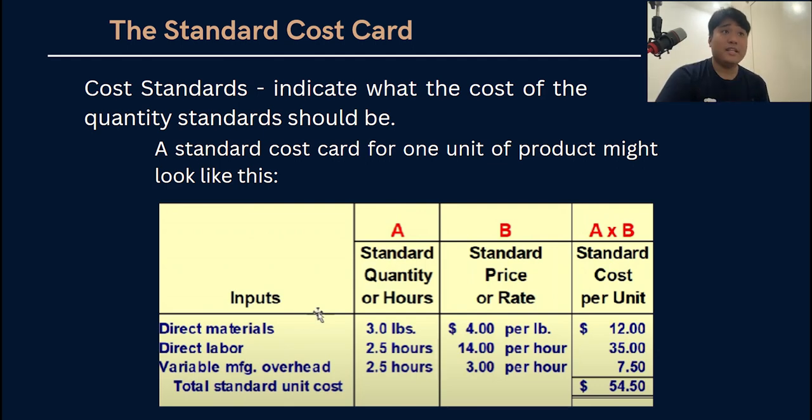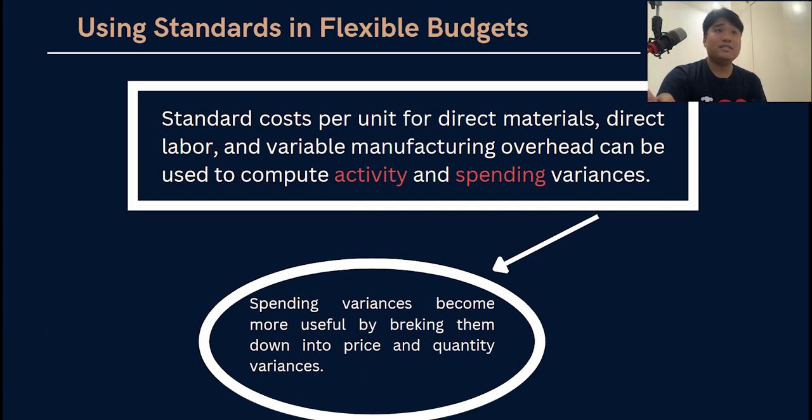Okay. Next slide is using standards in flexible budgets. The standard cost per unit of direct materials, direct labor, and overhead can be used to compute activity and spending variances.